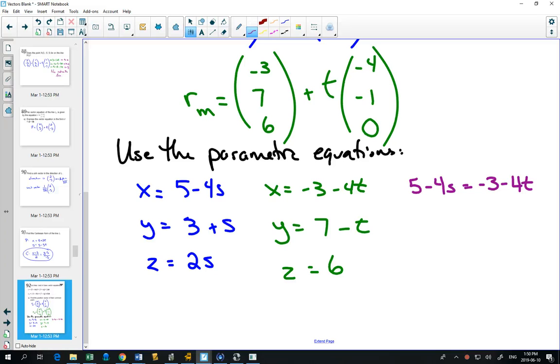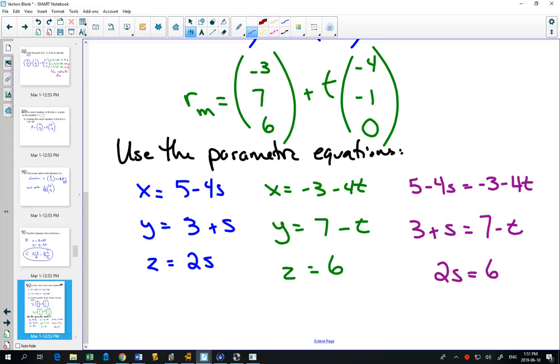And similarly, 3 plus s would have to equal 7 minus t. And finally, 2s would equal 6. And we create a system of equations. We have 3 equations, and there's 2 things that we don't know.